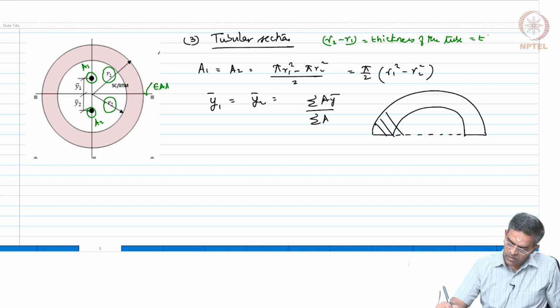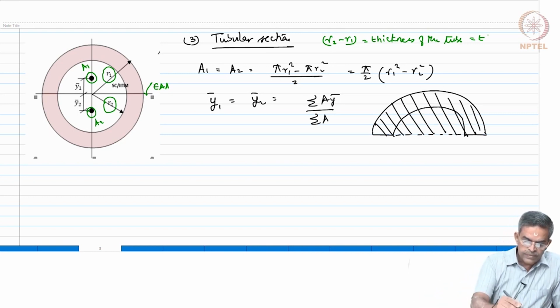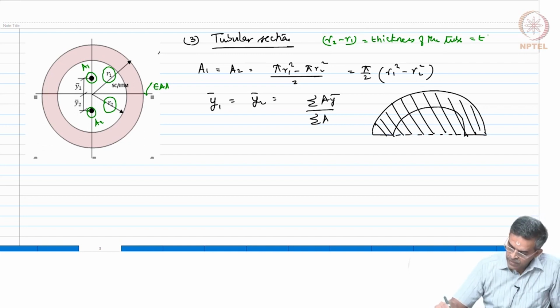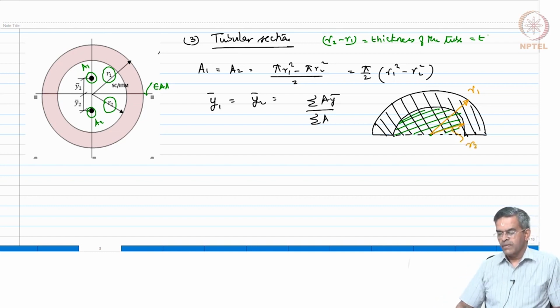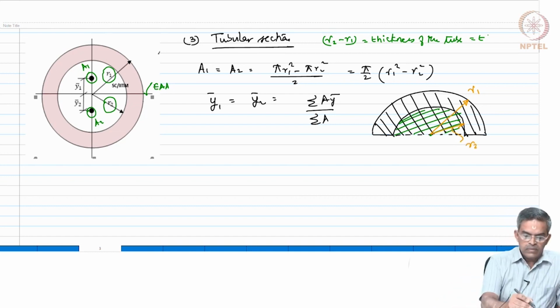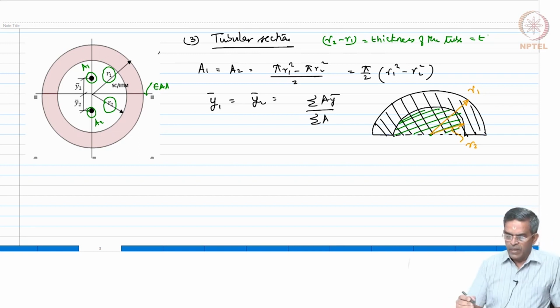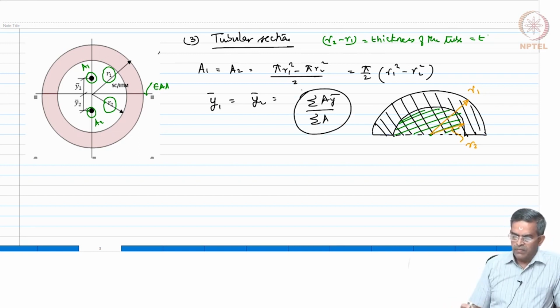This one is separate and this one is separate. We know this is at the radius r1 and this is at the radius r2.